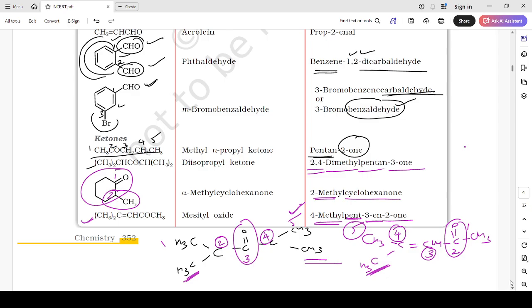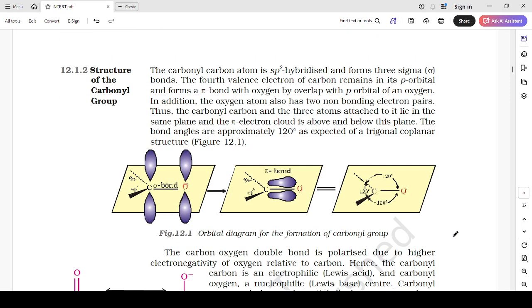Okay, done? Yes, ma'am. So with that we completed the IUPAC nomenclature of the aldehydes and ketones. If you know what is provided in NCERT, it's more than enough, 100% enough for attending your boards.